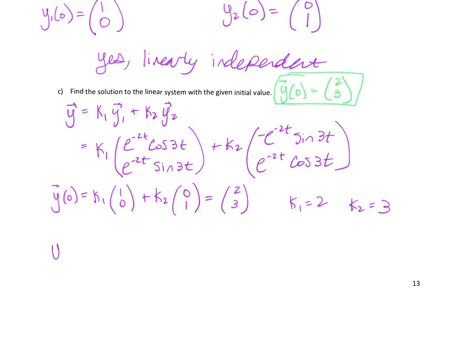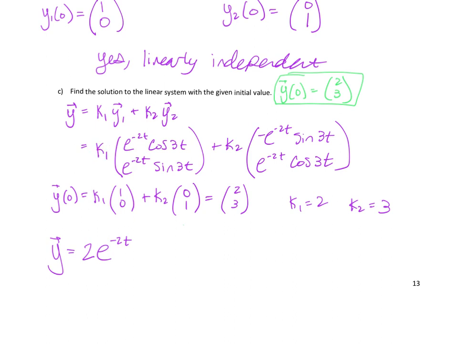So my particular solution I'm looking for is y equals 2e to the negative 2t. It's okay if you leave the e to the negative 2t's in the parentheses, but since it appears in both the top and the bottom, both entries, we can pull it out here.